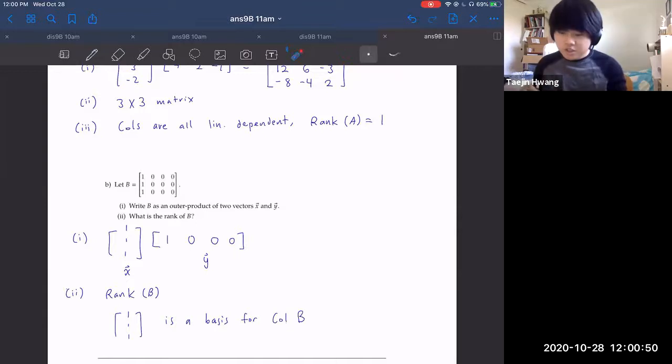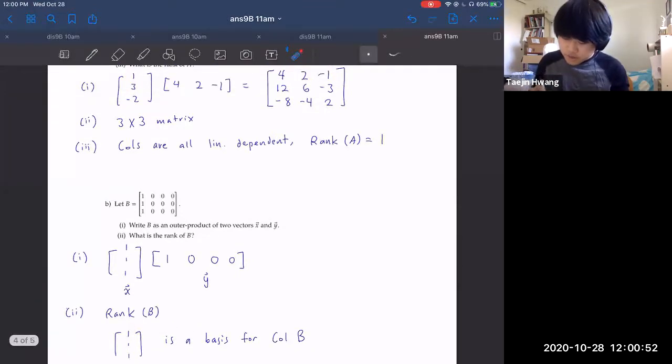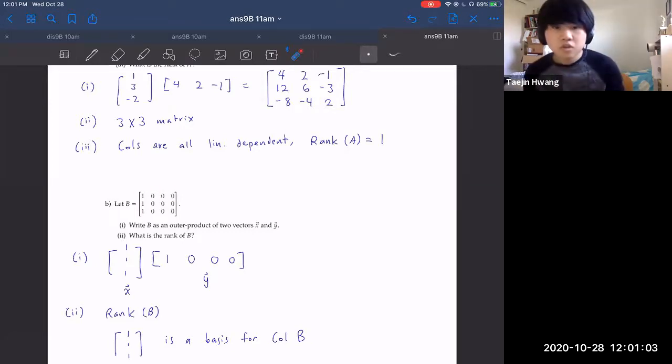That's because we're just scaling the vector 1, 1, 1 by 1 and then 0 and 0 and 0, taking this single vector and scaling it as the columns of the matrix. That's why the first vector of the outer product creates a basis for the column space of B.